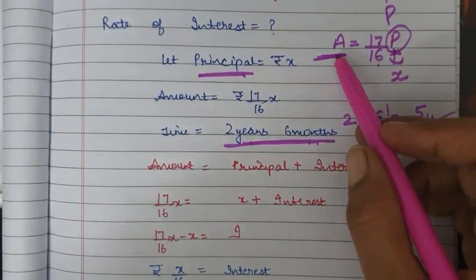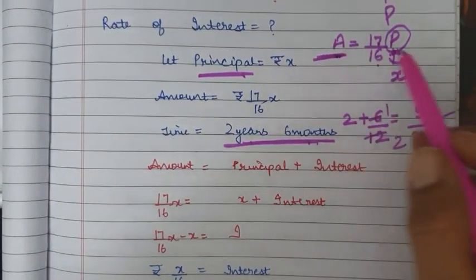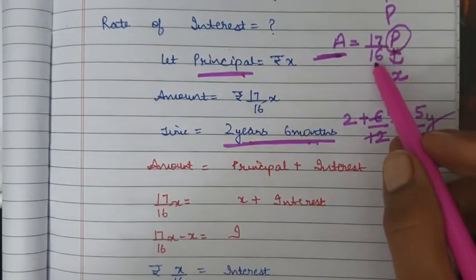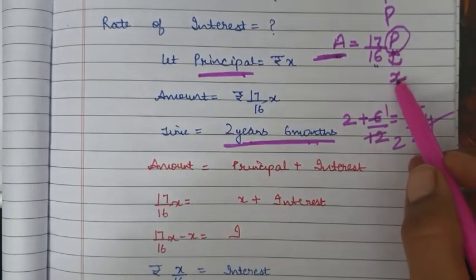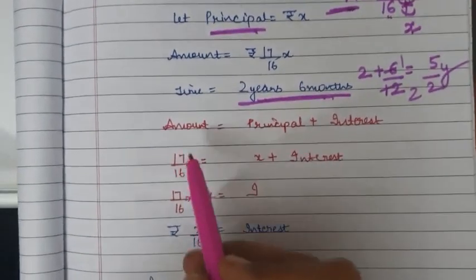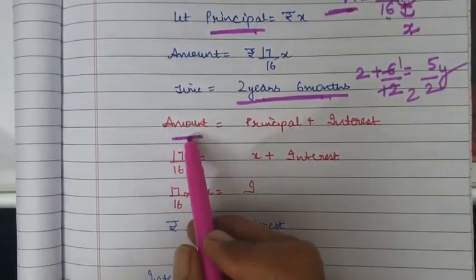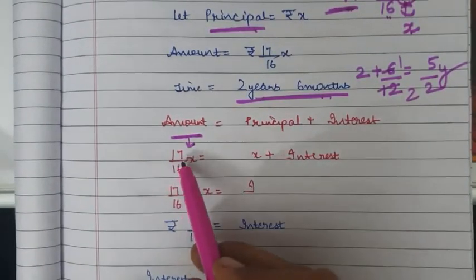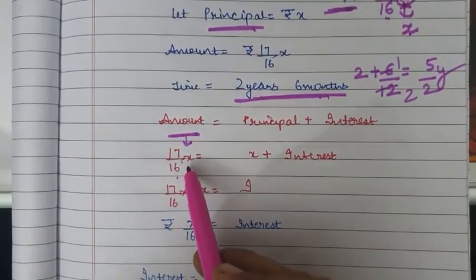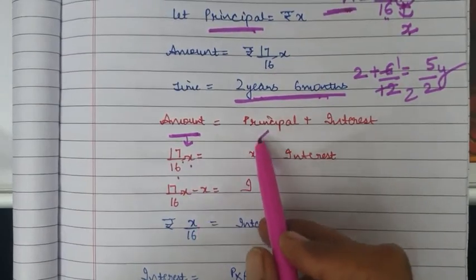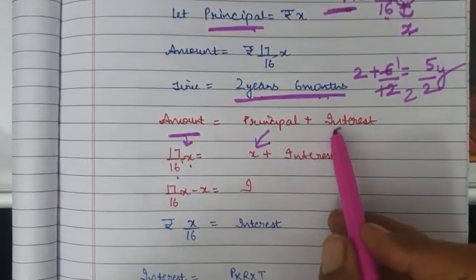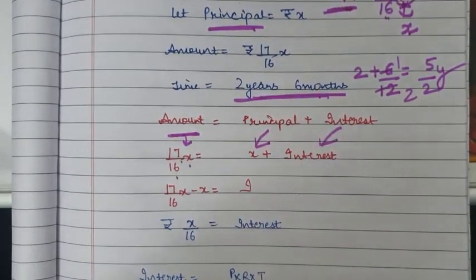So what will amount become? Amount will become 17 upon 16 into x. So now put the value of amount here, 17 upon 16 into x. Principal is x. Interest we have to find out.